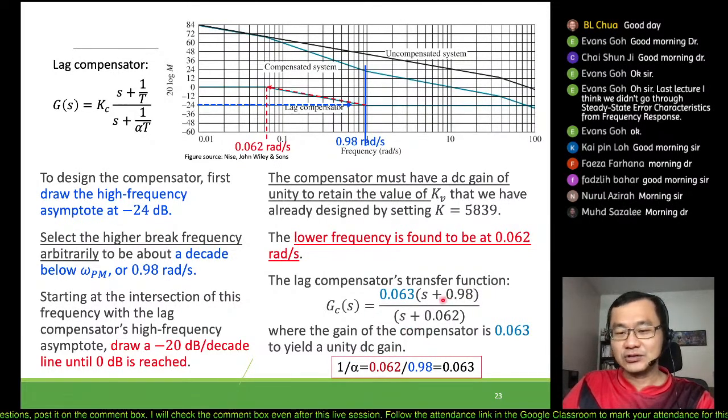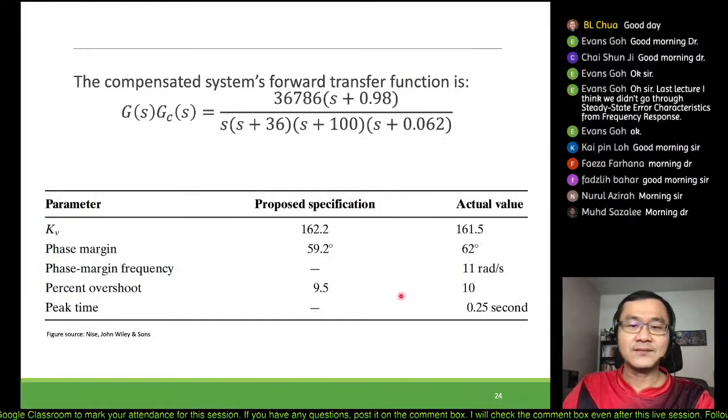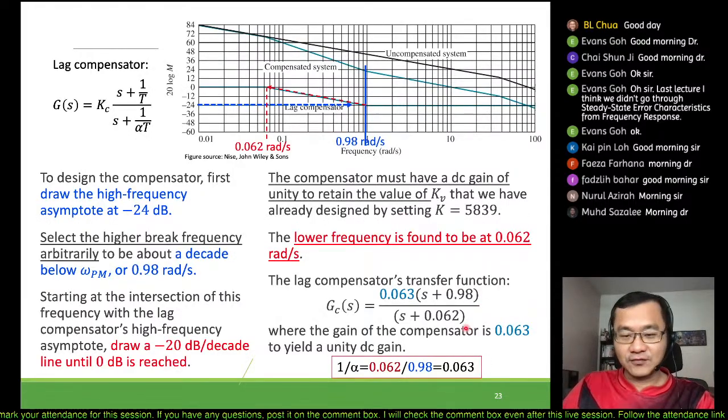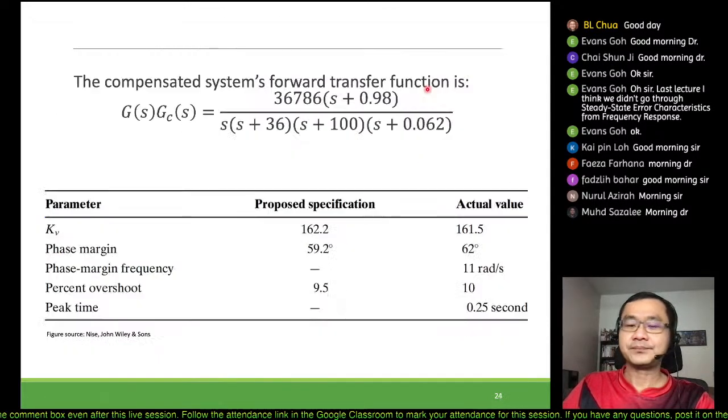You will see that this is 0.98 over 0.062 when we have this unity gain later on. So that is how you can fill up those values, the Kc, the 1 over T, and the 1 over alpha T, from the plot diagram.